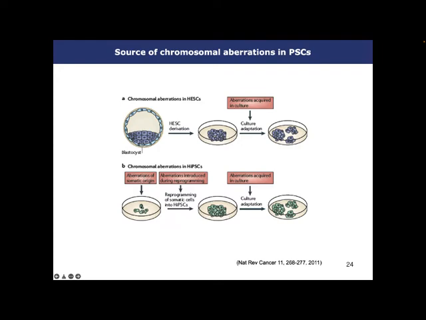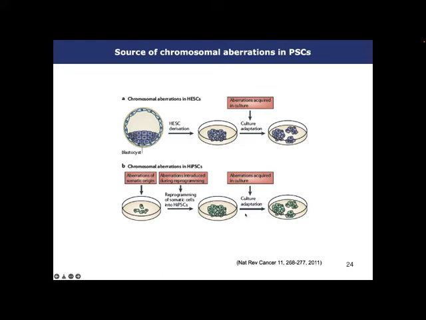And if we generate colonies from these abnormal fibroblasts, naturally those abnormal chromosomes are transmitted to the pluripotent stem cell colonies. And also the reprogramming process is very stressful because it erases all the epigenetic memories in the cells. So those aberrations can be introduced during the reprogramming.